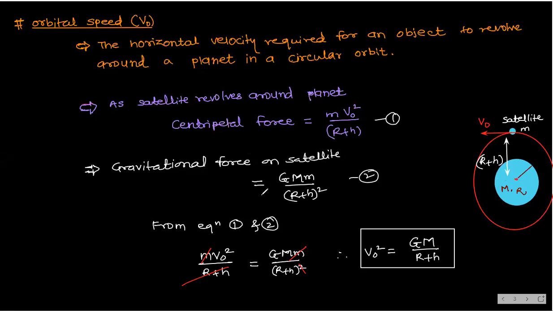Similarly here also, this gravitational force will give the necessary centripetal force for this satellite to revolve around it, and that's why these two are equal. So m v naught square by r plus h is equal to G M m by r plus h square. This m and this m will get cancelled. This r plus h and this r plus h square will get cancelled. Understood now?